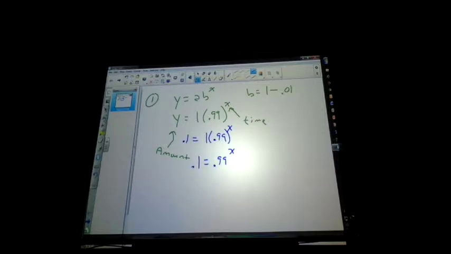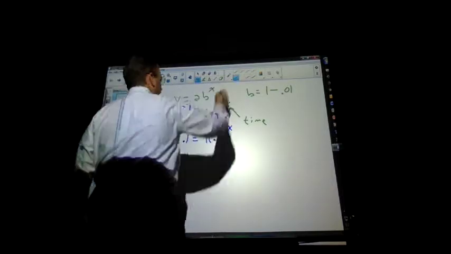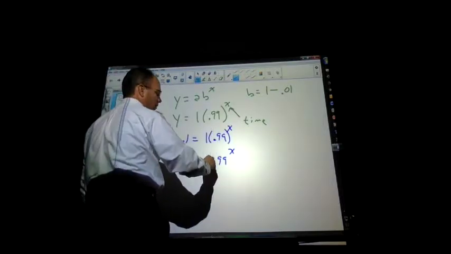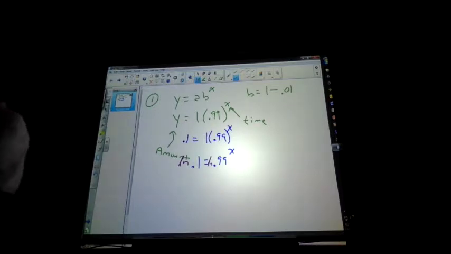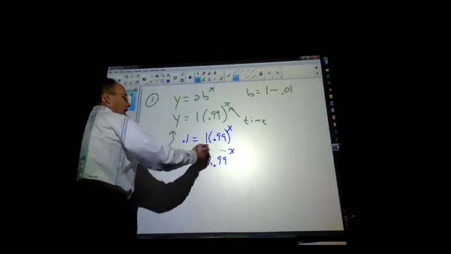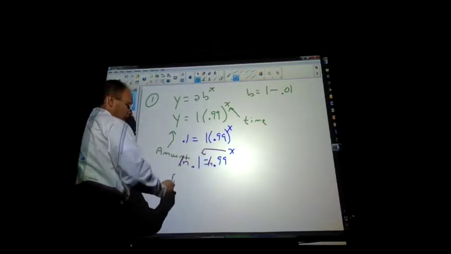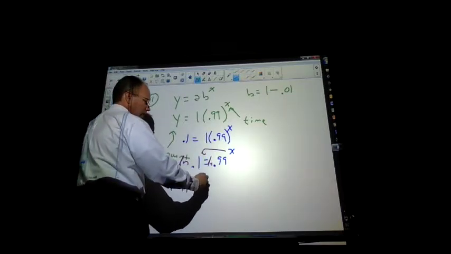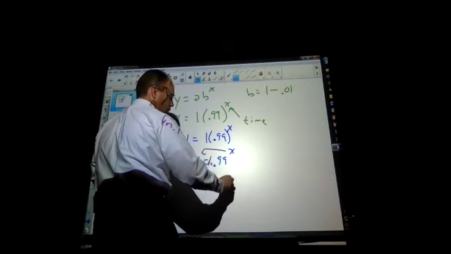I just don't have the energy to write 3 letters, so I'm going with 2. So I'm going to go with natural log of both sides. The answer is the same regardless which one you use. This is going to allow the exponent to come down front. So I'm going to get ln of 0.1 is equal to x times ln of 0.99.